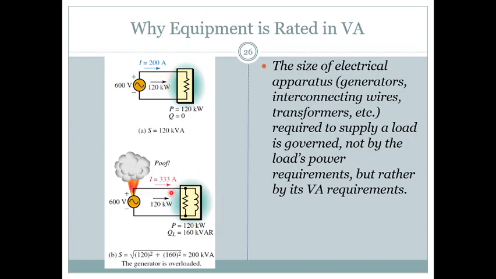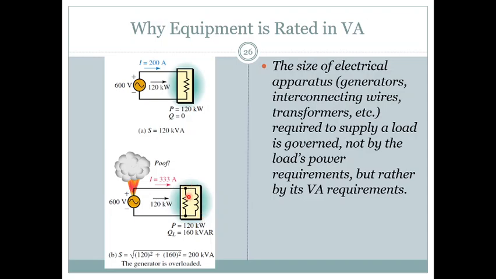But the same device can have an inductive component or a capacitive one. Most cases it will be an inductive component, like motors, fans, blowers, all those are inductive, and a resistive part is there.